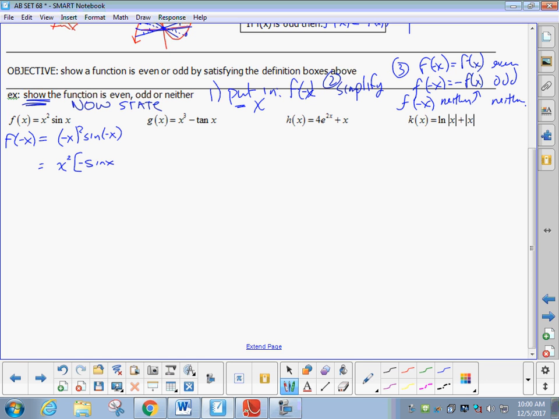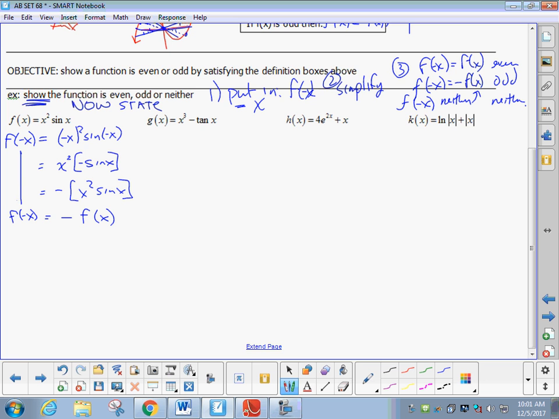Negative sine of x. Altogether then, if I were to clean this up, I could move that negative out front, and all then I would have is the opposite of x squared sine of x. Well, x squared sine of x is f of x.